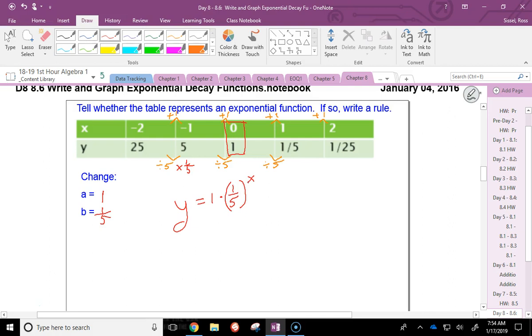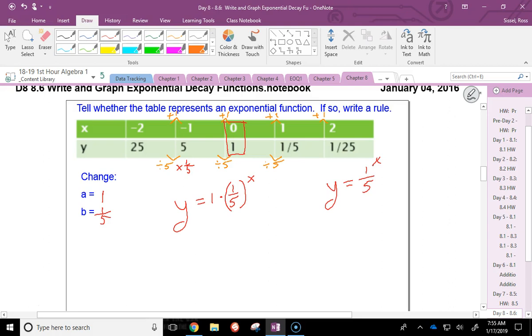Part of it. Because you don't just want to multiply the 1 by x. Good. If you would write your answer like this, that means the numerator is the only one with the exponent. But when I put 1/5 in parentheses, the numerator and denominator will get the exponent of x.